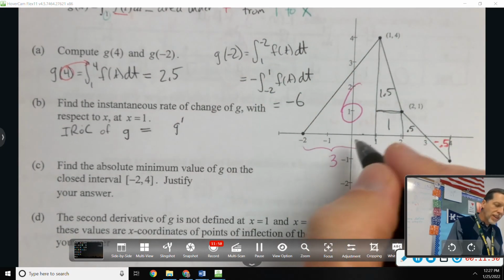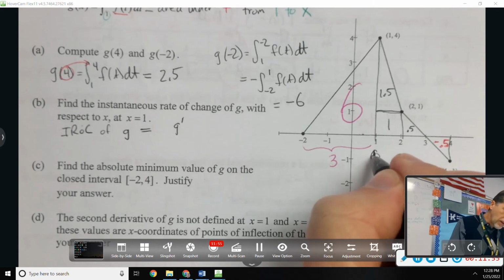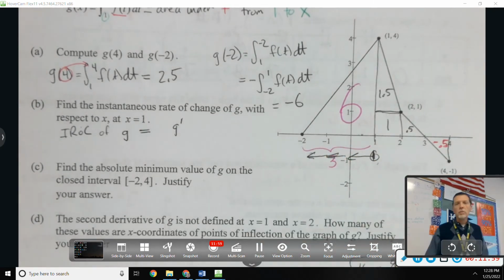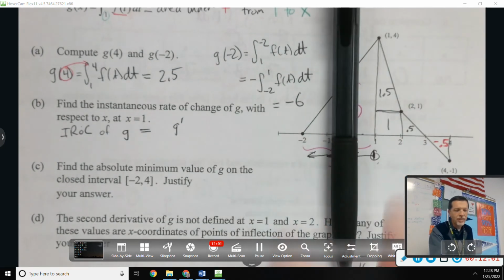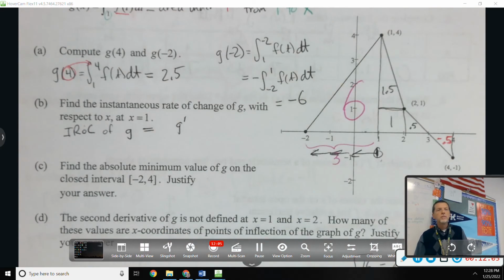What makes it negative is that we started here at 1 and went backwards. It doesn't matter that we crossed the y-axis. What matters is that we traveled left. So if originally the problem was the integral with the negative 2 on bottom and 1 up top, you'd be going that way, so the area would be positive?